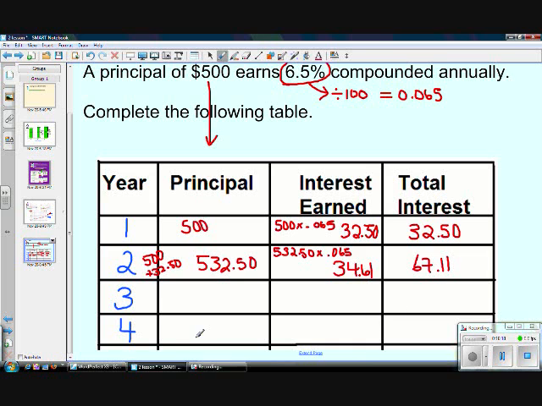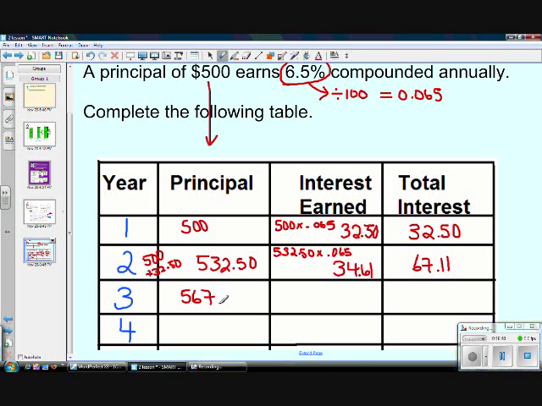Now continuing on here, year 3, I'm going to take my $34.61 and add it to the 532.50. Or you could go 500 plus the total interest, which would probably be easier because then I wouldn't have to think.